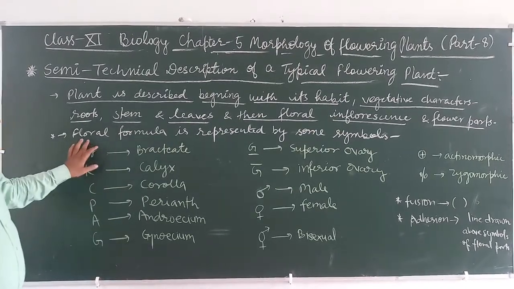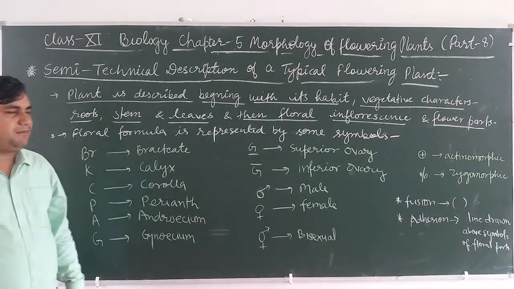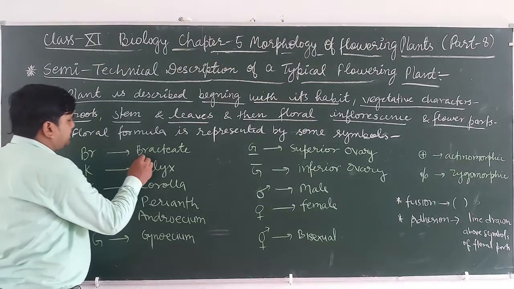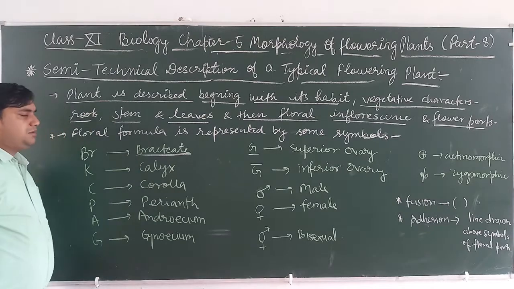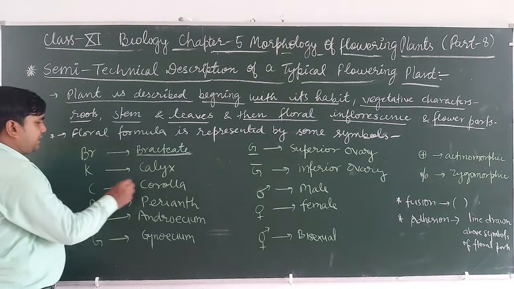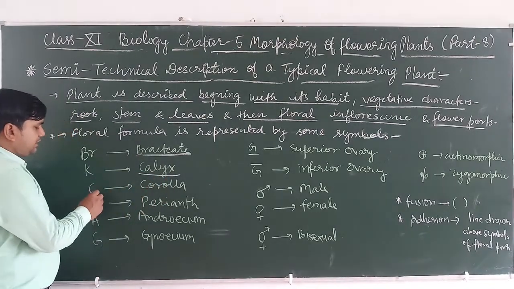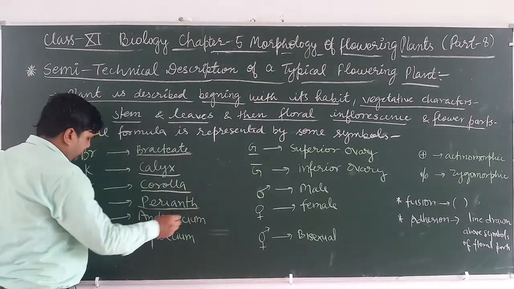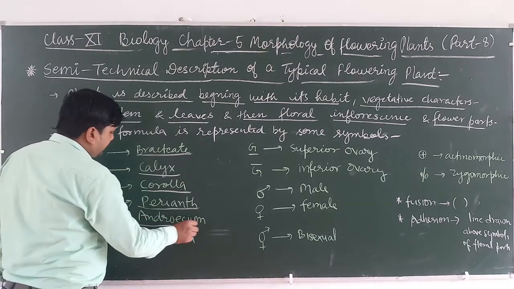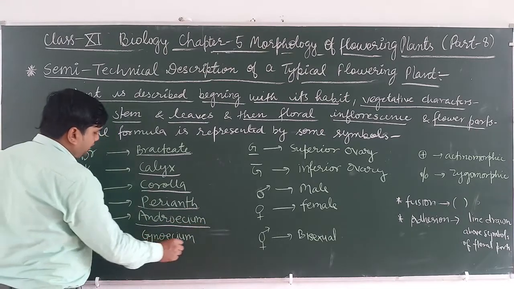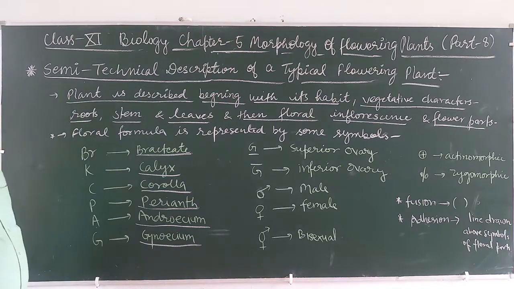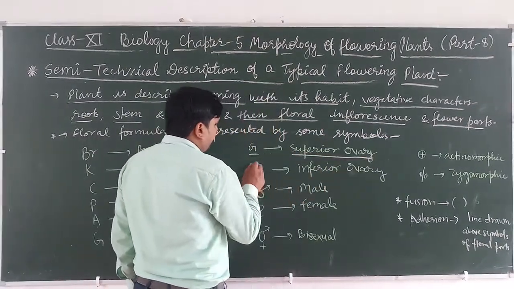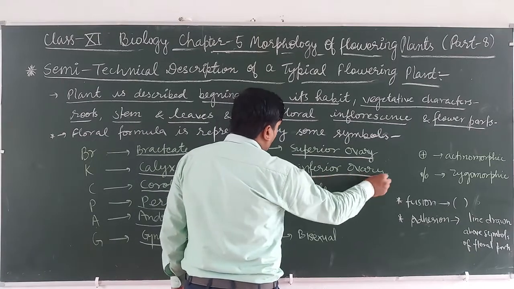The floral formula is represented by some symbols. Br means bracteate, K for calyx, C for corolla, P perianth, A androecium, G gynoecium. G with a line below is superior ovary, and G with a line above is inferior ovary.